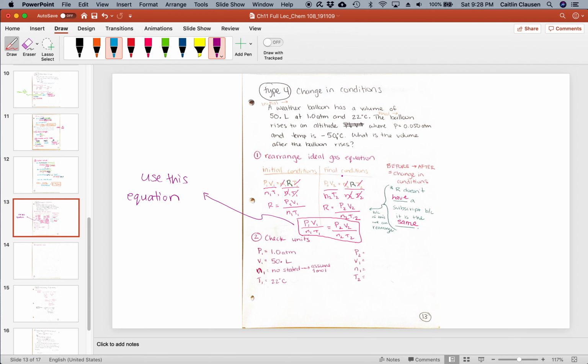We just have 2 different sets of conditions, and we're setting them equal to each other because R remains the same. You're going to use this equation for change in condition problems.